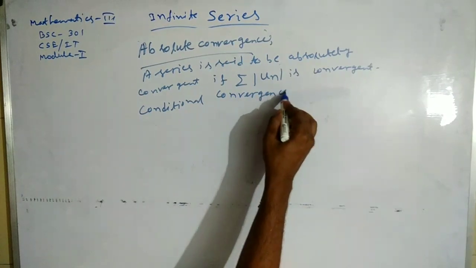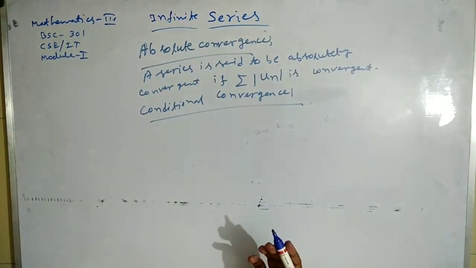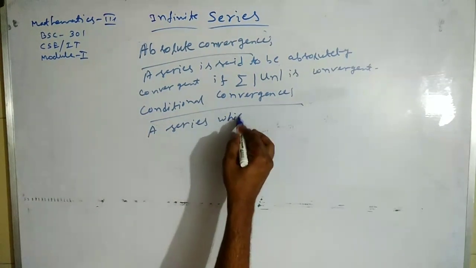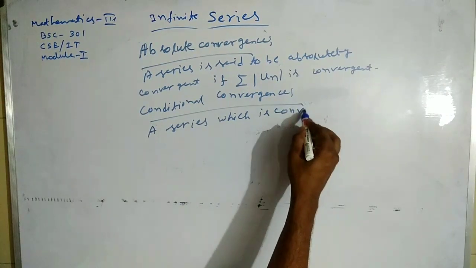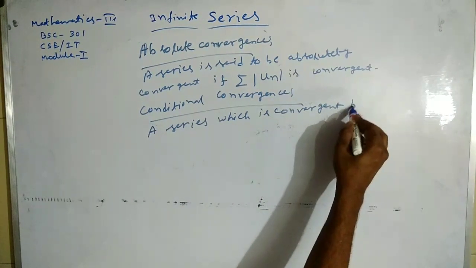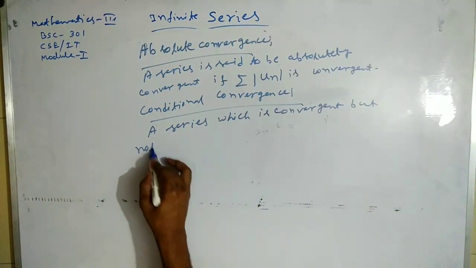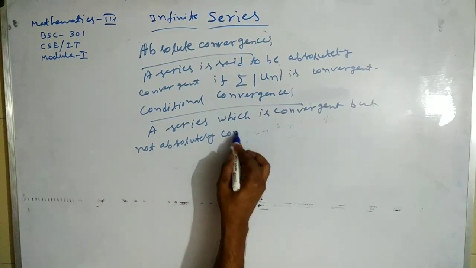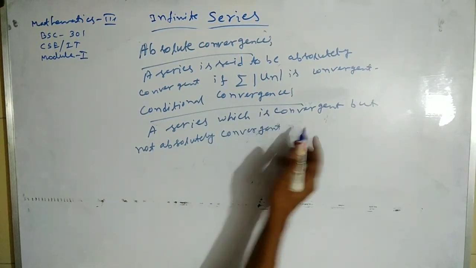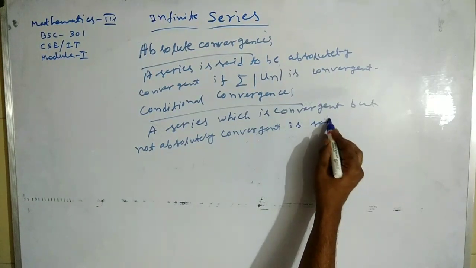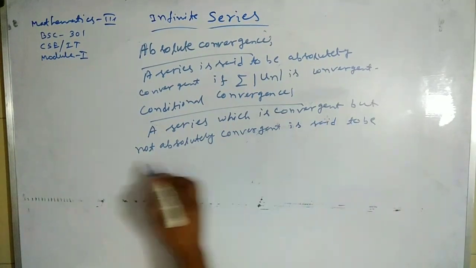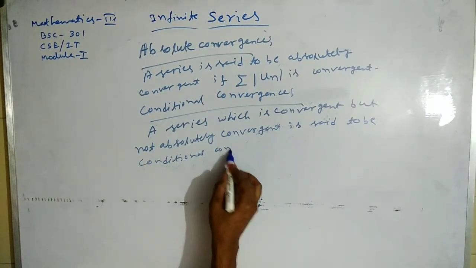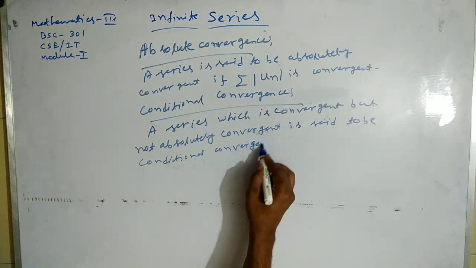And the next point is conditional convergence. So what is conditional convergence? A series which is convergent but not absolutely convergent is said to be conditionally convergent.